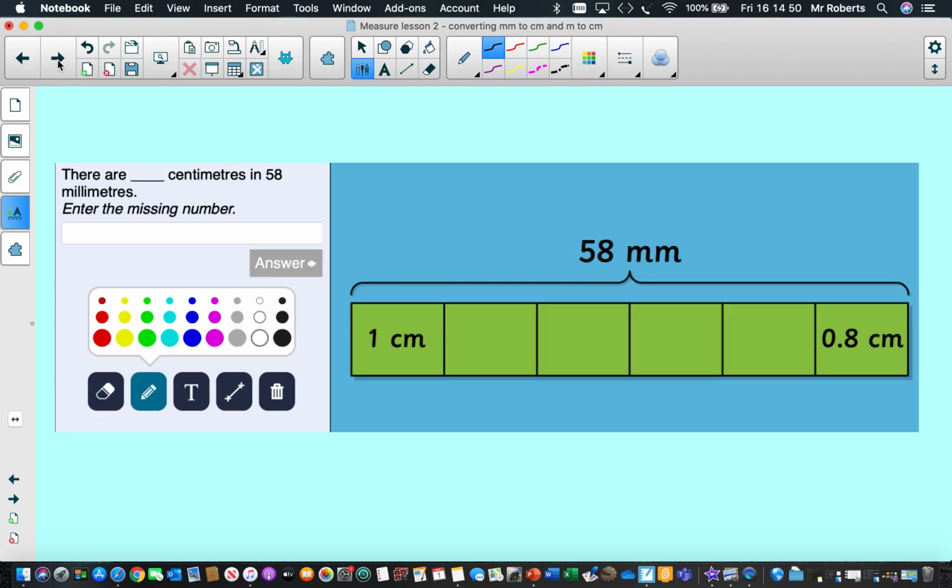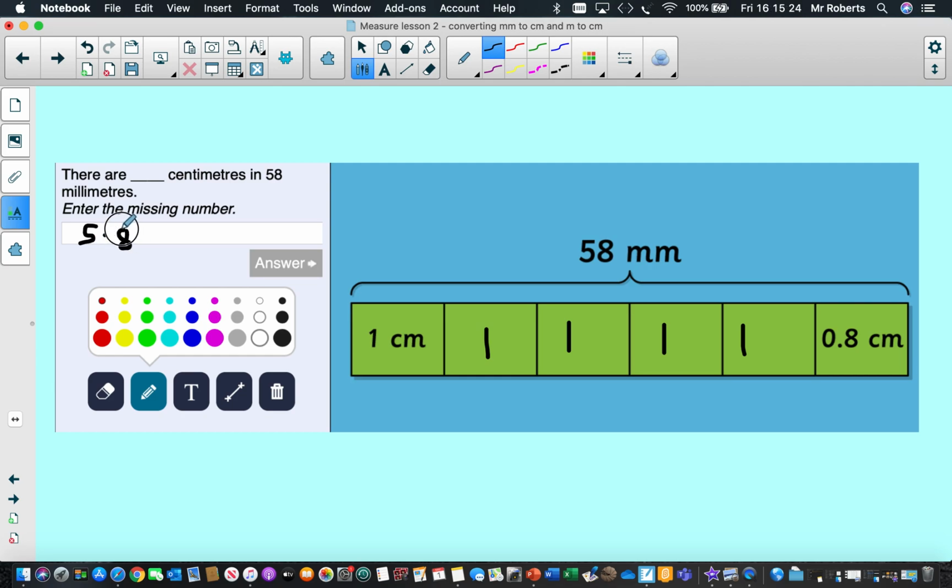Here we've got: how many centimetres are there in 58 millimetres? We can see we've got 58 millimetres across the top. We've got 1 centimetre in each of these boxes. I'm just going to put a 1. Being lazy again, I would want you to write centimetres out properly, of course. If I'm trying to work out how many centimetres, I've got 1, 2, 3, 4, 5, and then 0.8, so I would write in 5.8.